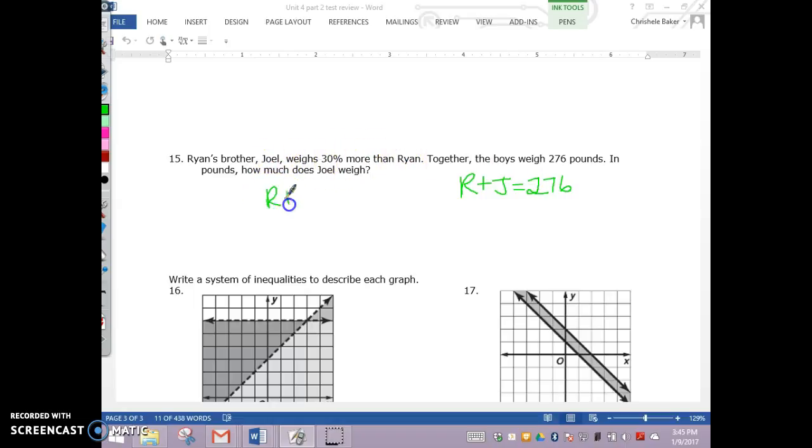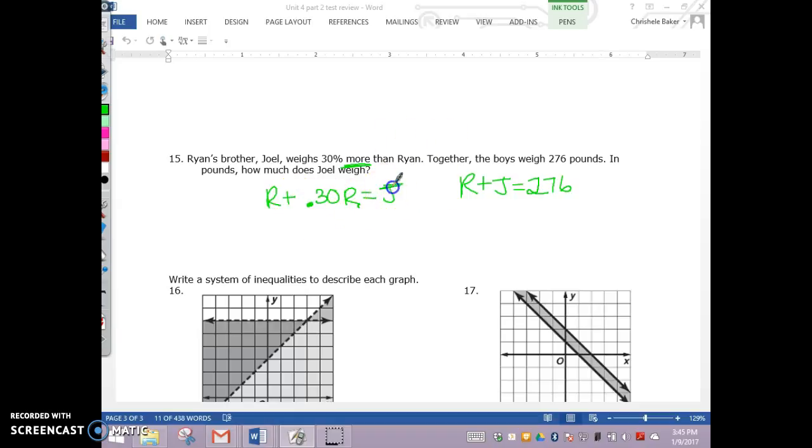So Ryan plus 30% of Ryan equals Joel. Joel weighs more. More means adding. Can't just take 30% of Ryan, that would be less, and Joel needs to weigh more. So it's Ryan plus 30% of Ryan is Joel.